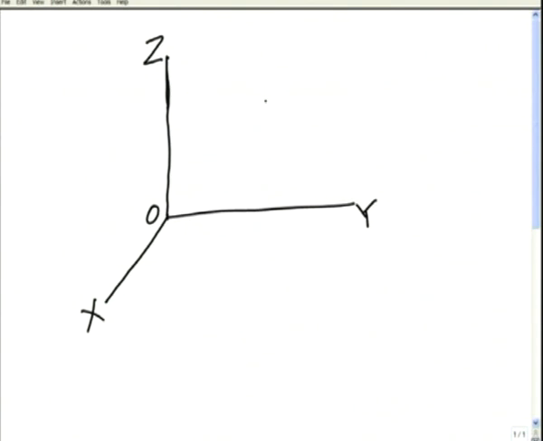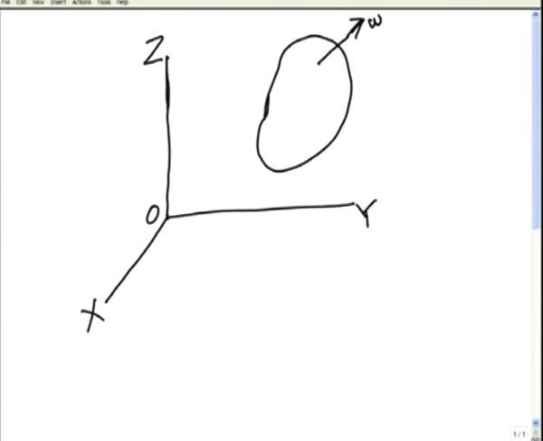This is the body I am showing. This body is having angular velocity omega. I can show the angular velocity vector omega; it is in this direction.